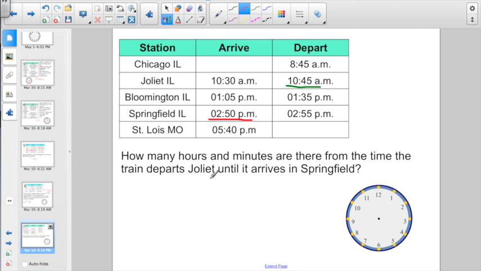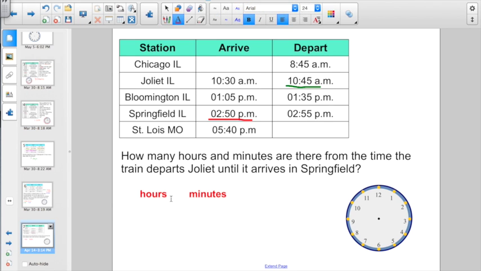So we got to keep track of a couple of things. We got to keep track of the number of hours and the number of minutes, right? So we just can't put these two numbers on top of each other and subtract. You won't get the correct answer. You got to think like a clock.